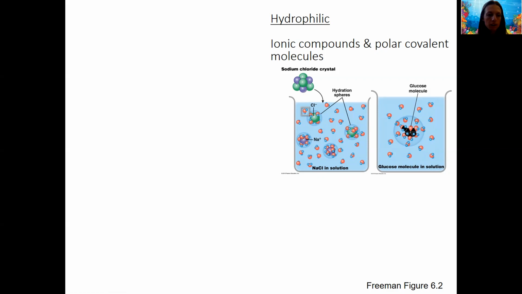These are typically ionic compounds and other polar covalent molecules. If you like your chemistry, it can be helpful to know that. Something that's ionic, NaCl, or something with a polar covalent bond, H2O, water, glucose, are going to be able to dissolve in water.